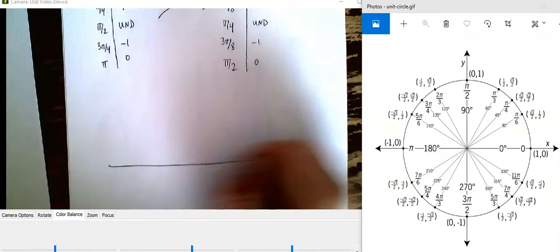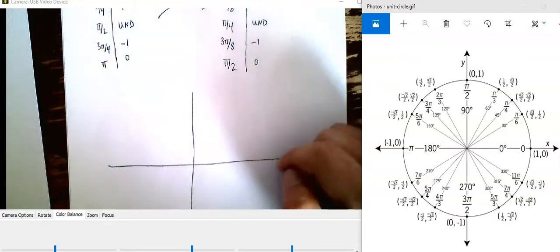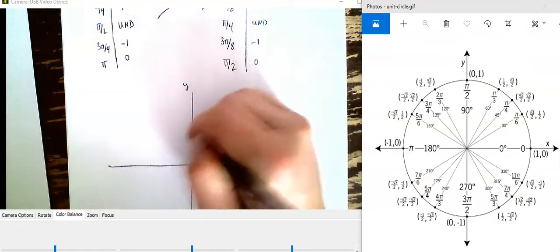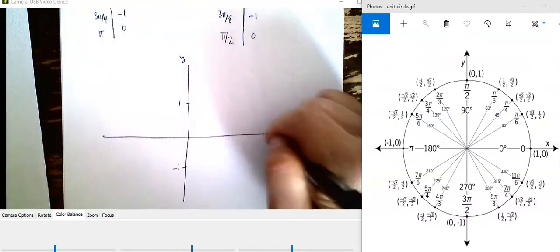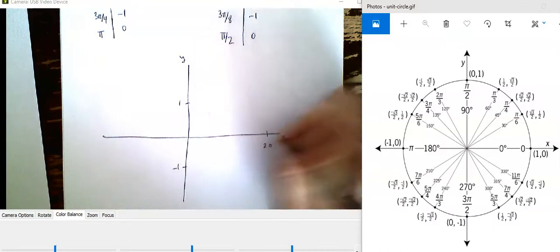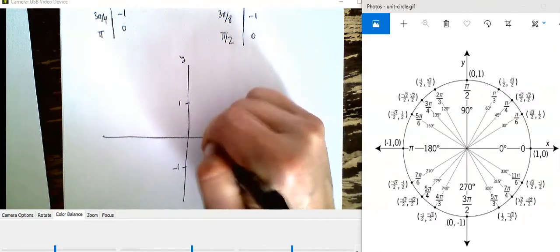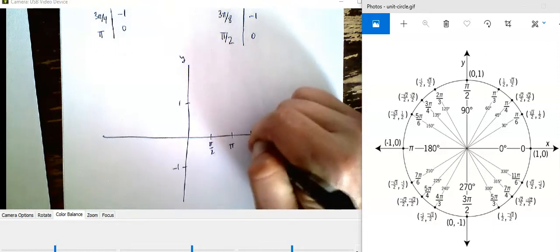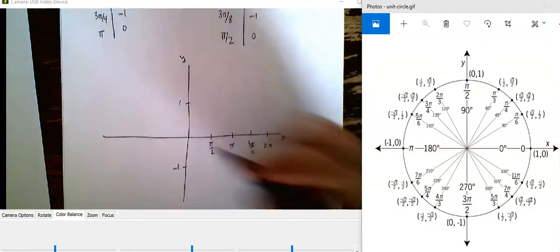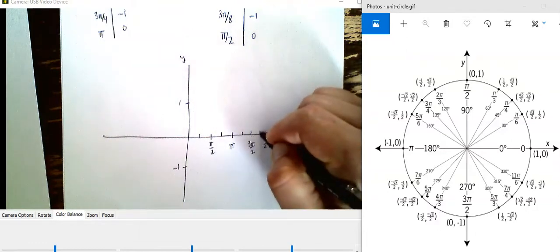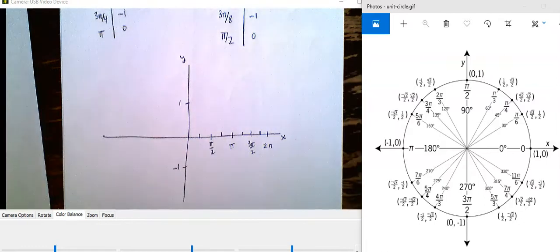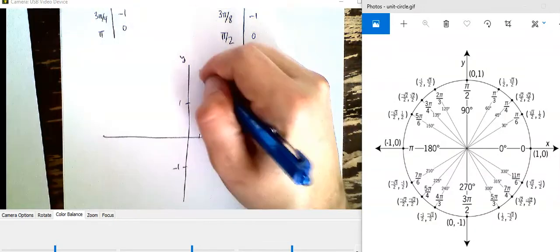So let's graph that. All right, so we're just scaling these. 2 pi, pi over 2, 3 pi over 2. I'm going to put some marks here for our pi over 4s as well. So it looks like we have an asymptote at pi over 4.